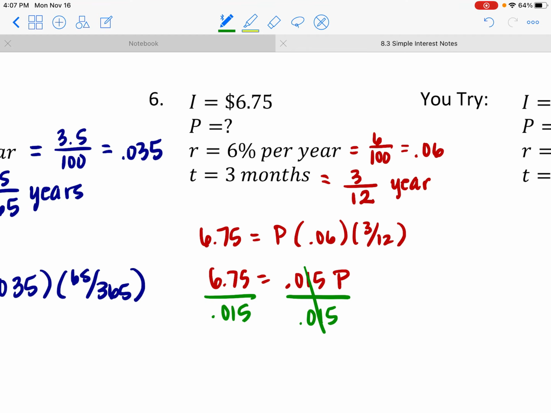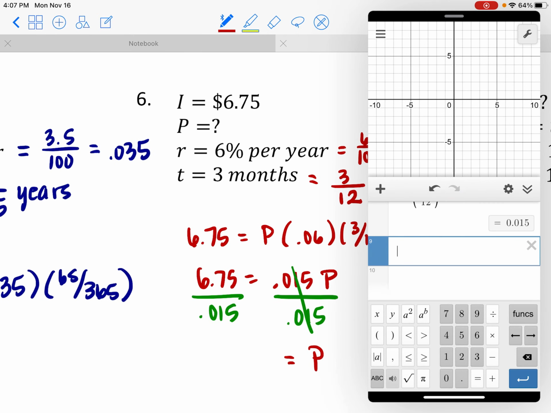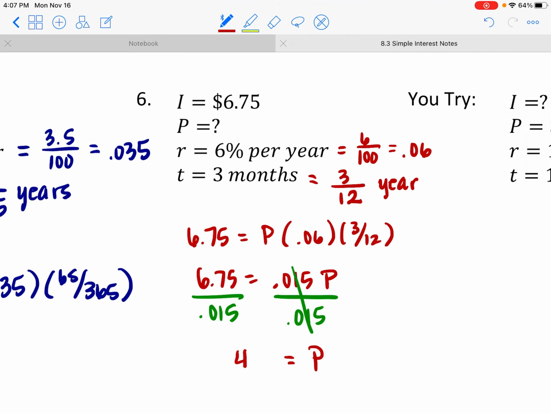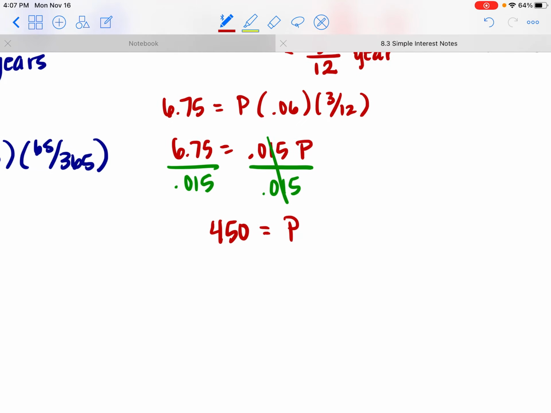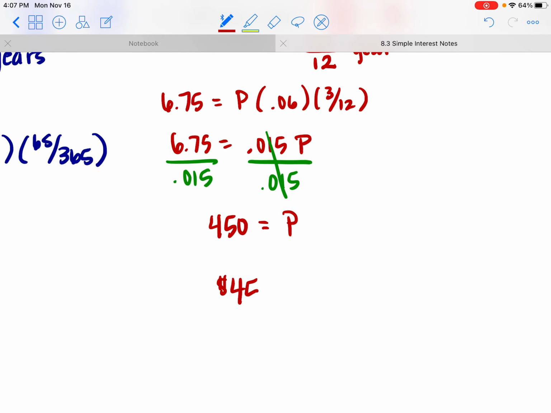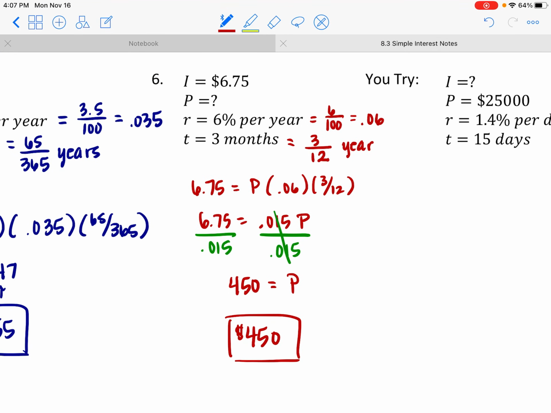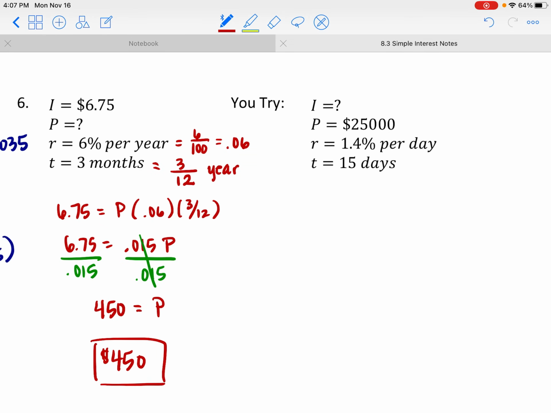It's going to cancel that out, leave us with 1p equal to, let's see, 6.75 divided by 0.015 gives us 450. So this is a principal amount of $450. Okay, so it would take a principal amount of $450 at 6% per year for 3 months to earn $6.75 in interest, or to be charged that amount if it were a loan.